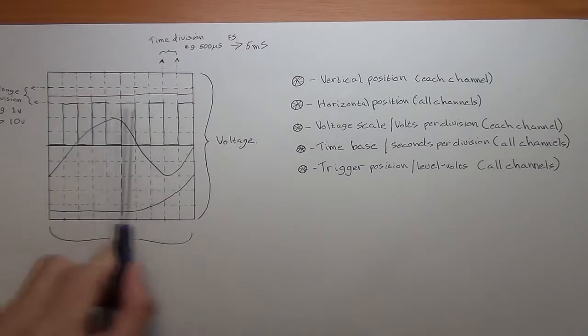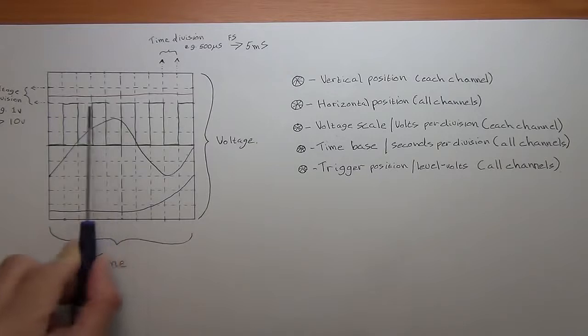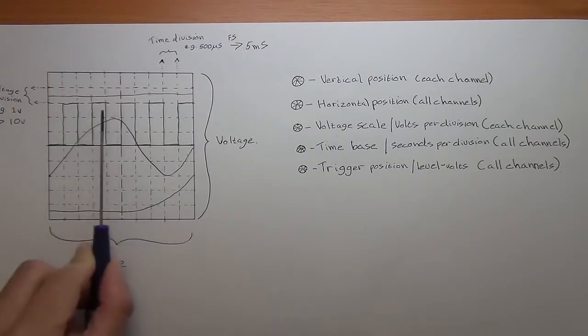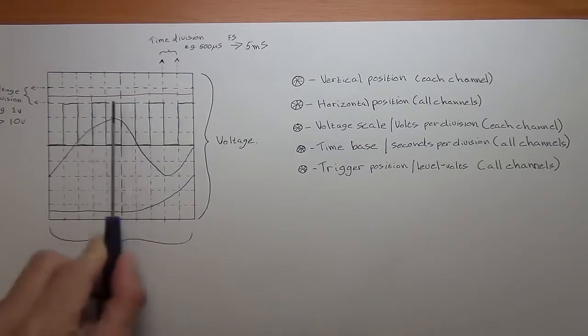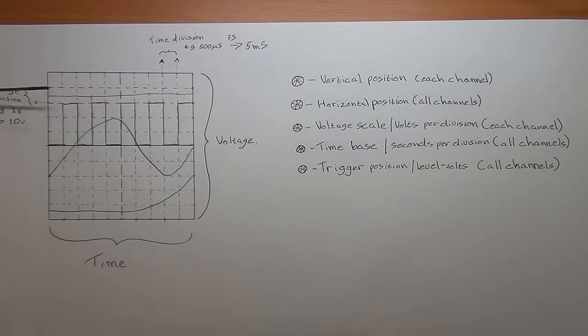That can be rather difficult to evaluate if you want to keep it live, if it's jutting around and moving around. So what your trigger does is you set a level at which you want your scope to capture that signal. It's adjusted down on your voltage division. You move your trigger down to the middle point of your signal.